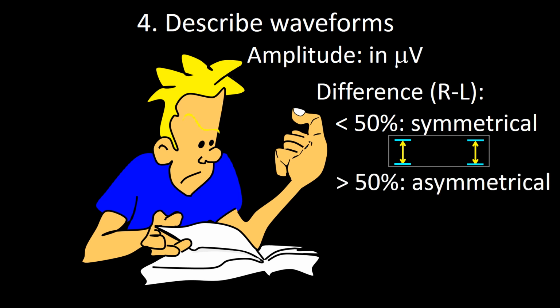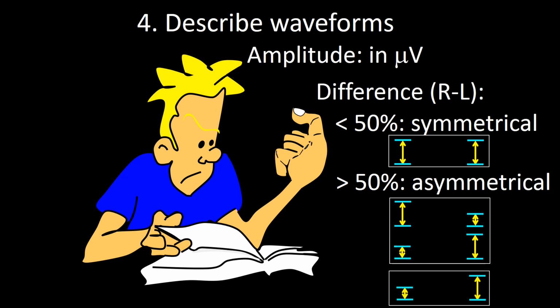Asymmetry of more than 50% can be normal or abnormal. When alternating, they tend to be normal. I will represent alternating asymmetry of more than 50%, as you can see in this frame. When an asymmetry is constant, it will be abnormal in most cases.